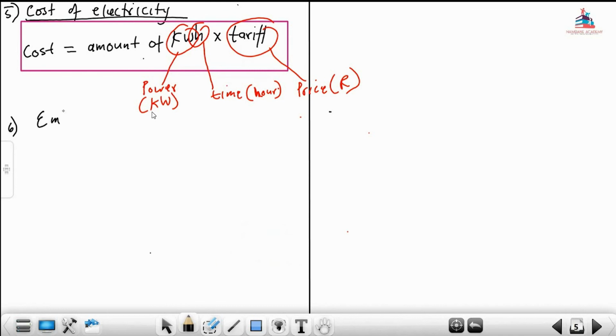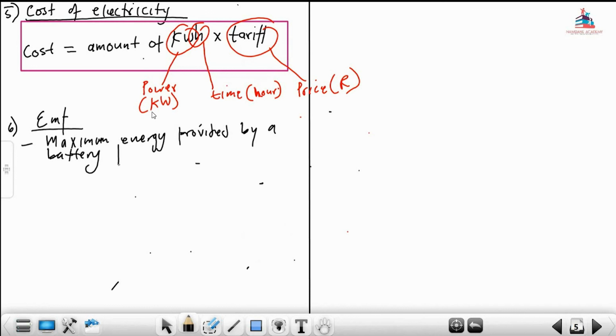It is called now EMF. So the concept of EMF, it's just now us saying EMF is the maximum energy provided by a battery per coulomb.